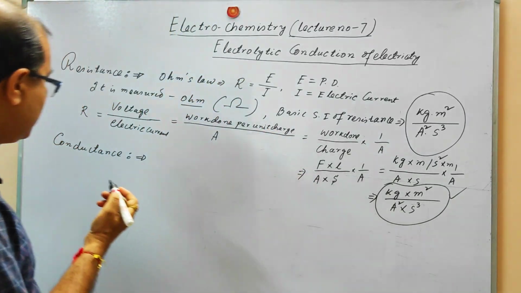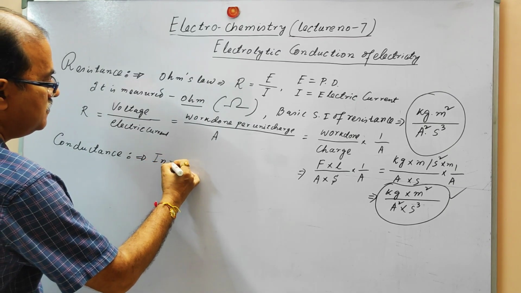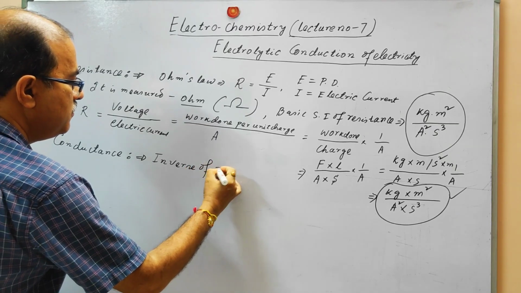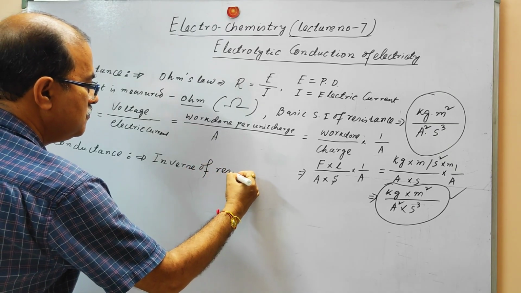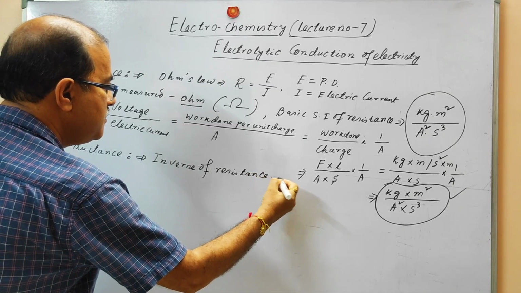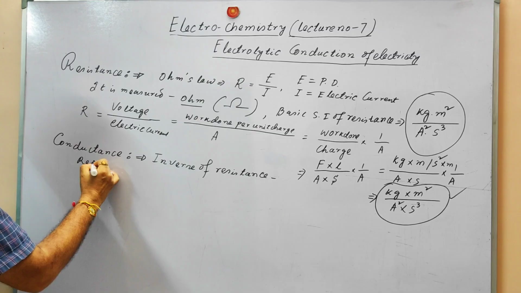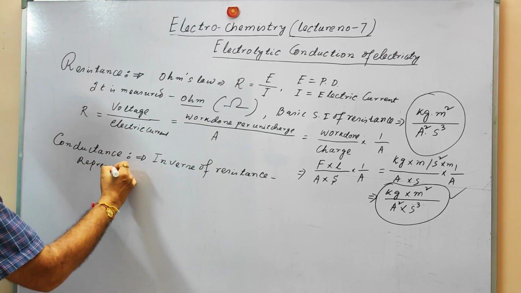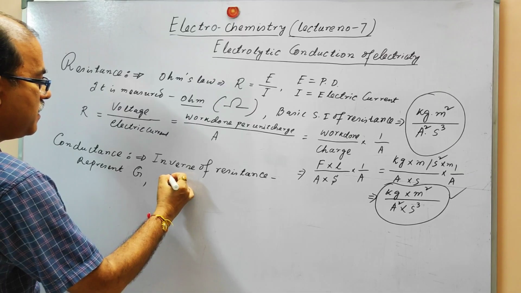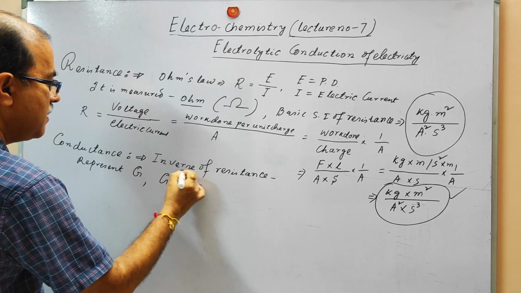So we can write the conductance is the inverse of resistance, and it is represented by the letter G, and so we can write G is equal to 1 by R.